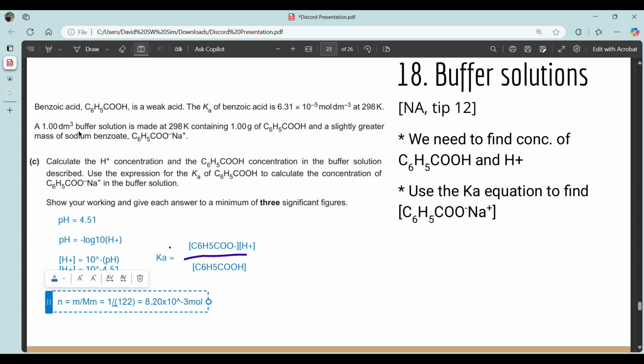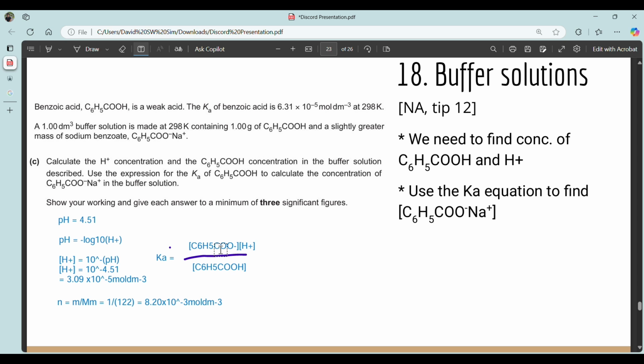So instantly we know that they added 8.20 times 10 to the power of negative 3 moles per decimeter cube. So we have the concentration of this and we have the concentration of this thing.